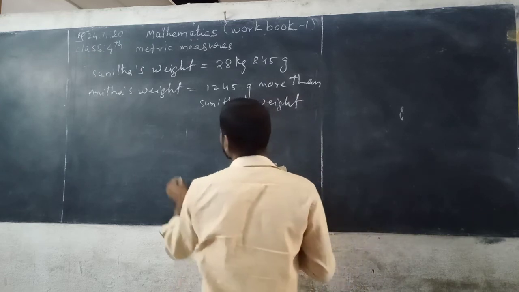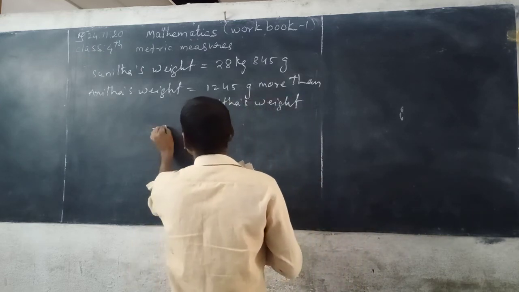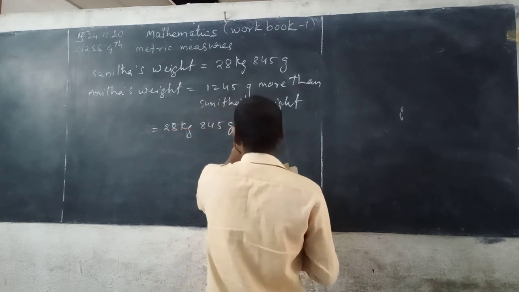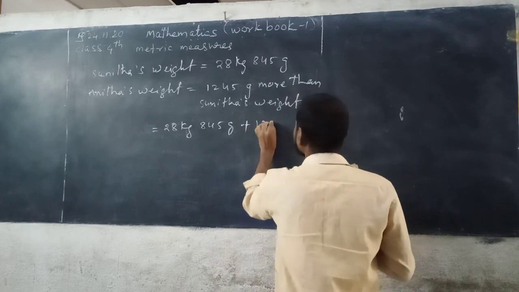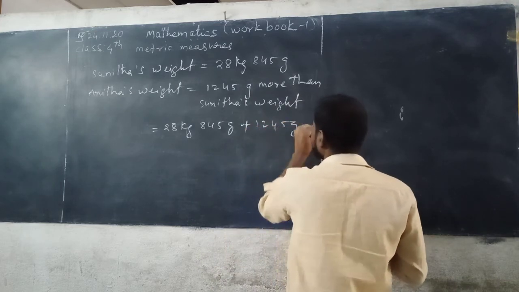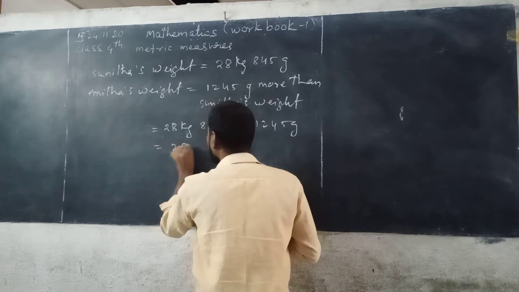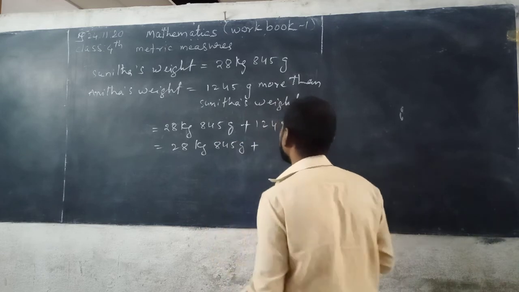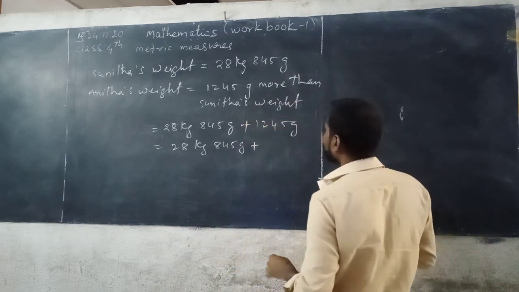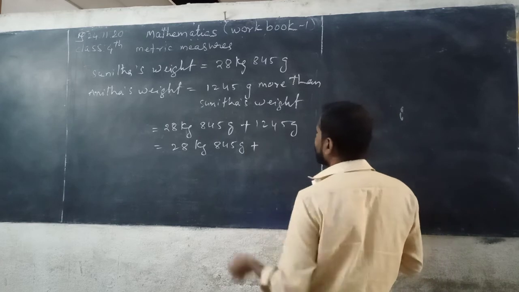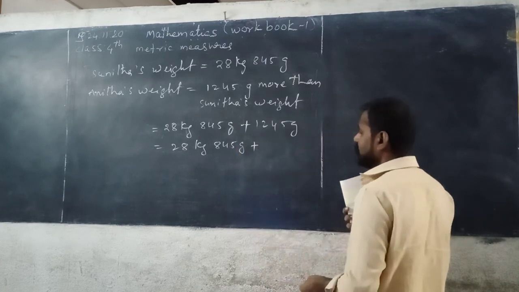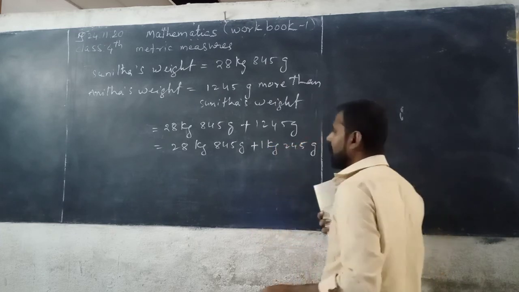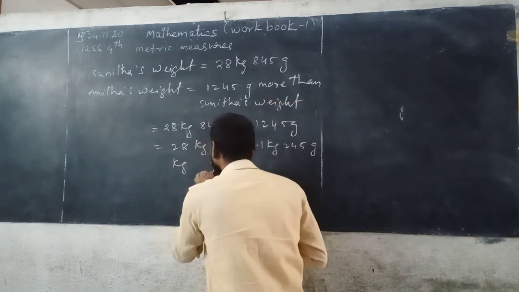So Sunita's weight 28 kg 845 grams plus 1245 grams. So it can be written as 28 kg 845 grams plus 1245 grams. First 3 digits from the right side go to grams, remaining digits go to kilograms. Means here 1 kg 245 grams. Then add it. You can write kg and grams separately.